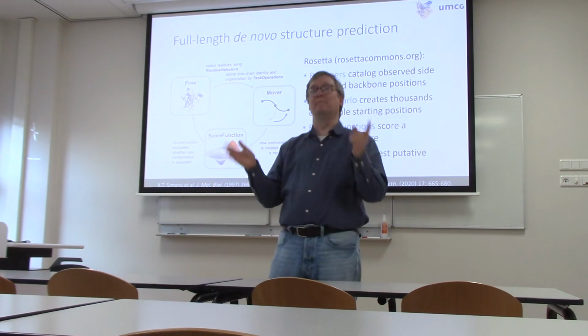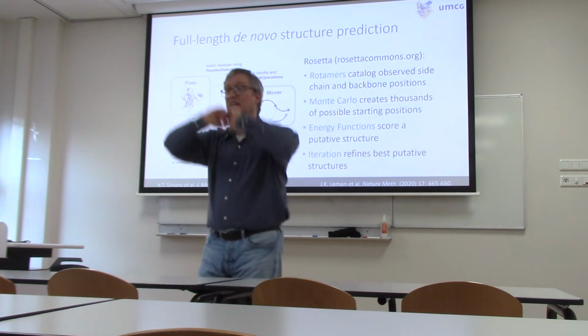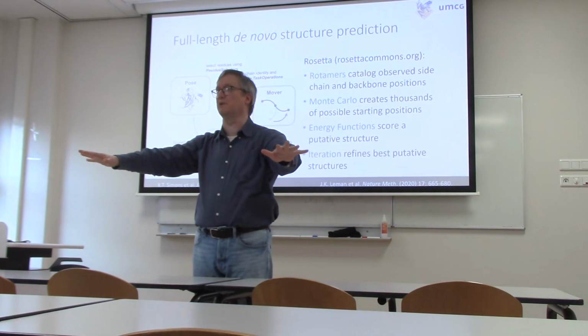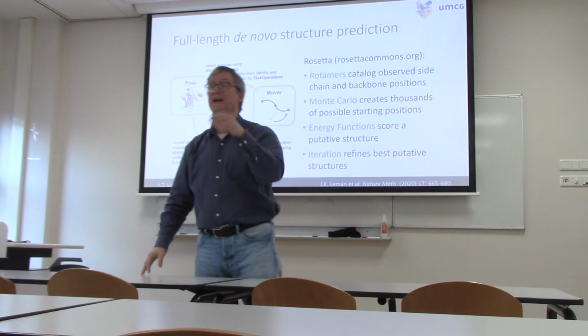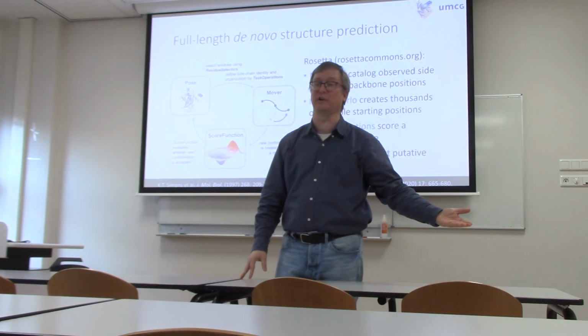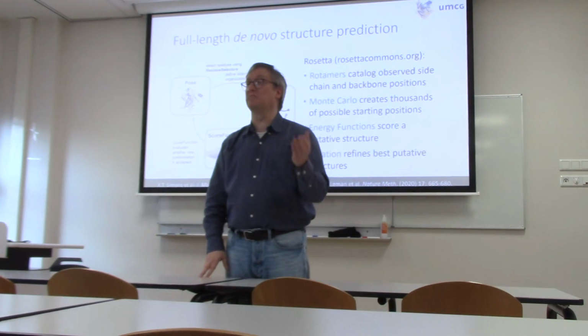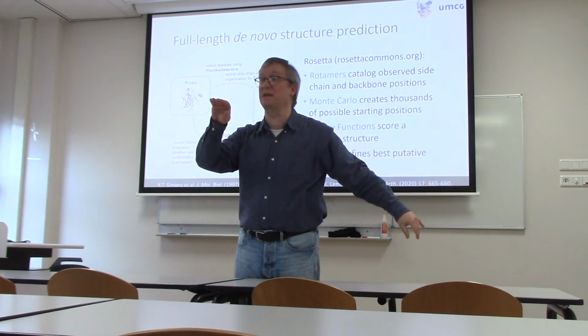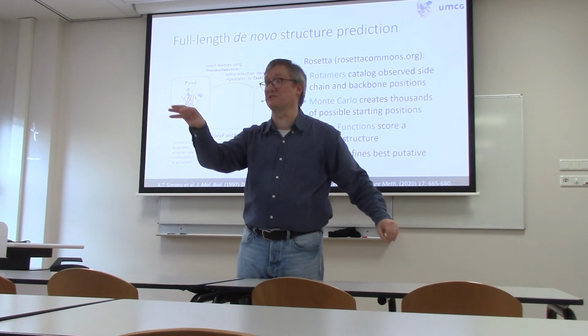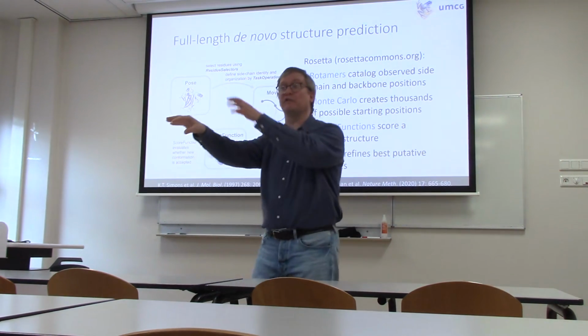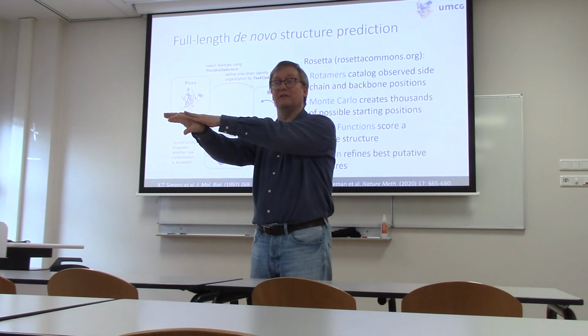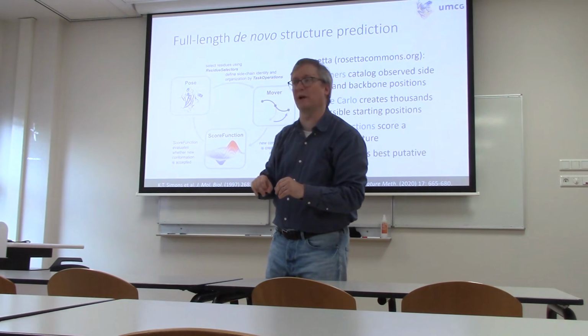No. But having thrown out 10,000 possible models for the sequence, some of them have relatively low Gibbs free energy, and some of them have relatively high Gibbs free energy. You can then say, throw out everything but the top 10% of my starting positions, and now make a new set of 10,000 starting from the winners of the last round. This is called genetic programming, by the way.